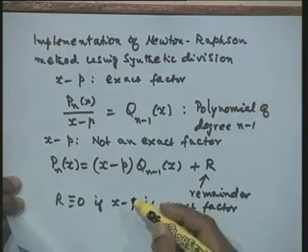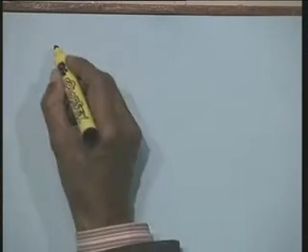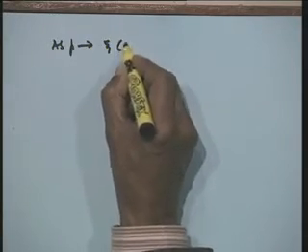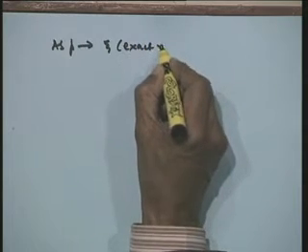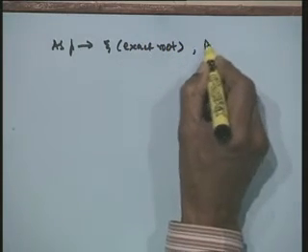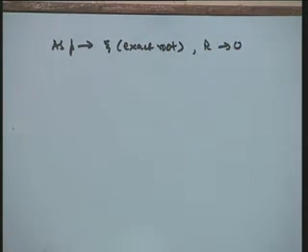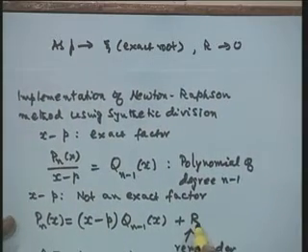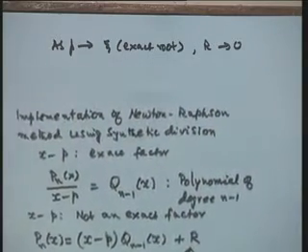Initially the remainder will be large. Now as p tends to xi, the exact root, r tends to 0, where r is the remainder.